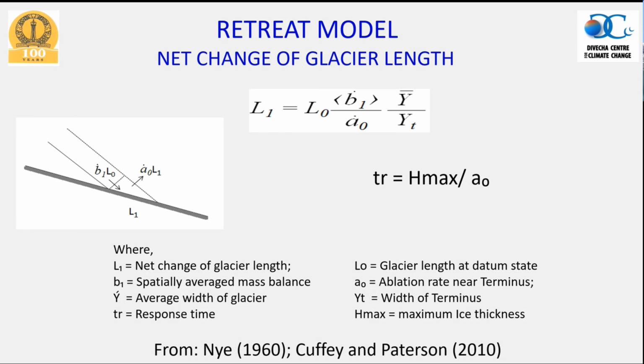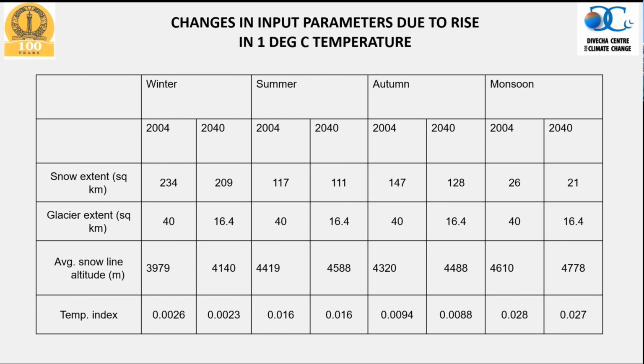You can solve this equation, and one example is given here, but you can also look into more detail in that paper and see how it will change in winter and summer. So you can keep on calculating all this.